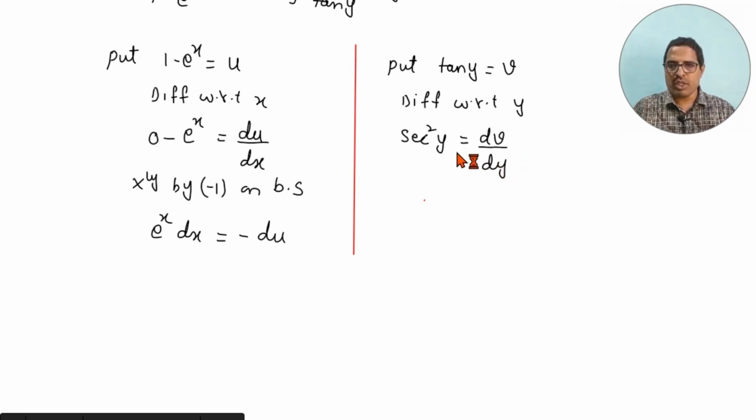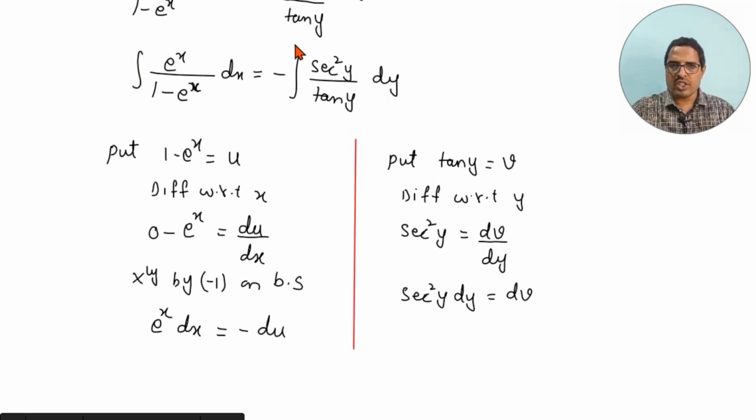Just cross multiply the dy to the other side, we get secant square of y into dy is equals to dv. So let us try to substitute these u and v values back in the given integral.